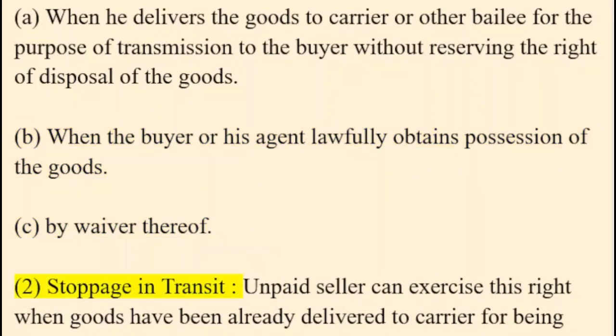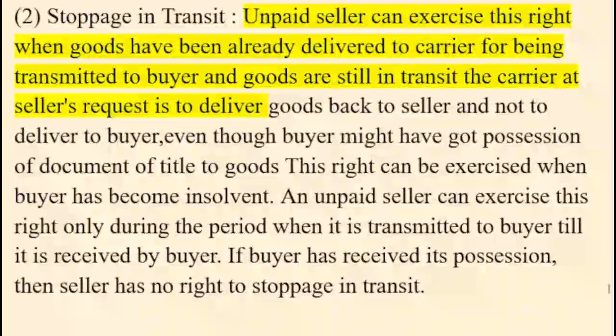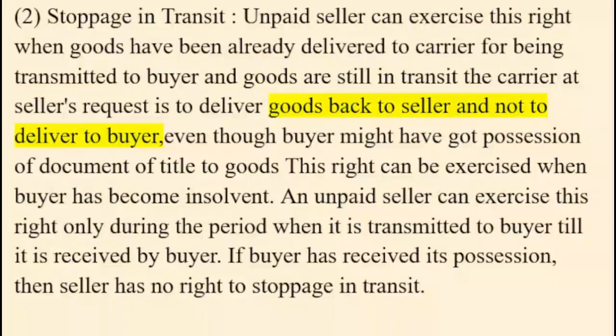2. Stoppage in transit. An unpaid seller can exercise this right when goods have been already delivered to a carrier for being transmitted to the buyer and the goods are still in transit. The carrier, at the seller's request, is to deliver the goods back to the seller and not to deliver them to the buyer.